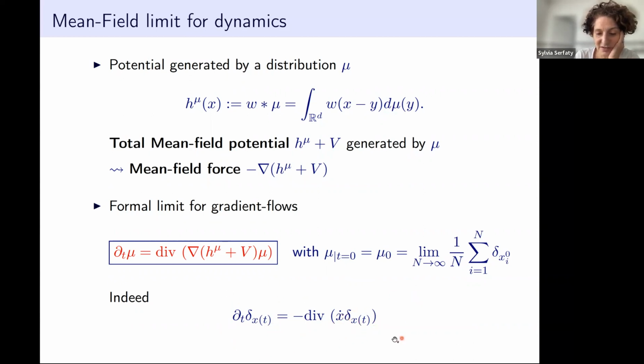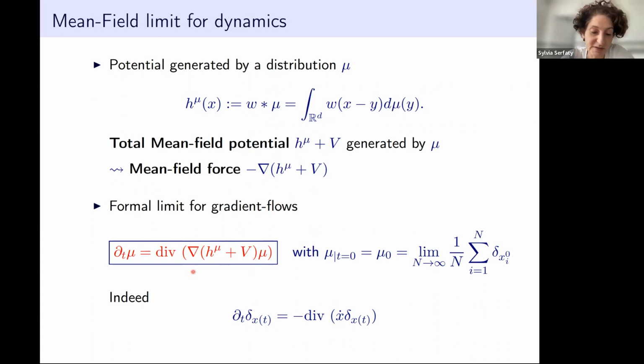So this is an identity. So if you want to guess the equation, you should find a similar continuity equation, something of the form dt mu, so replace the Dirac with mu, equals divergence. Here you should put the velocity, and here you should put the measure mu in the place of the Dirac. So you see the mu and the velocity field, where it's given by this mean field force here. So this is what you expect.